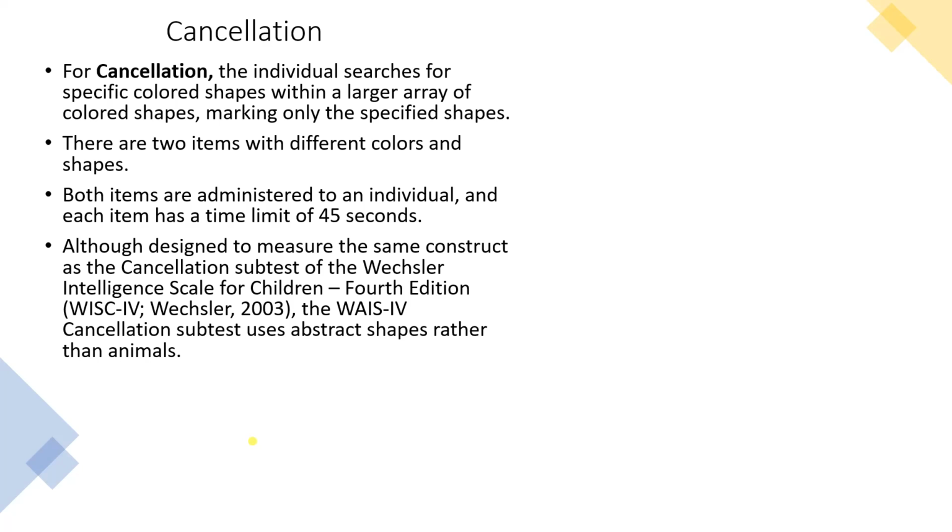And one thing you should know is that this was designed as a new test to match with WAIS fourth edition. But the main difference is that for children, the symbols include the figures of animals, but here for adults, some geometrical shapes are used.